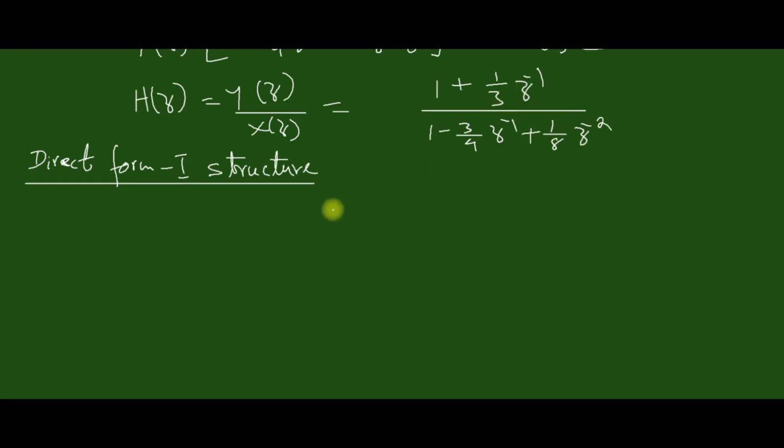Here we can see in the numerator we have only one delay, and in the denominator we have two delays. So for a direct form 1 structure, as a first step, we can draw two adders side by side. Now we can connect the two. Now at the right side we have two delays, so we have two adders and two delays. The next adder we can draw directly below this one.